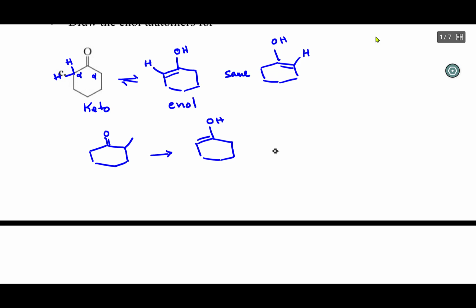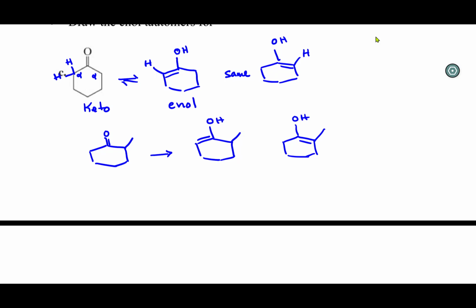And the other one would be with the double bond on the other side. Like that. And those aren't the same, because of the position of the methyl group relative to the double bonded carbons. So you actually could have two different enols.